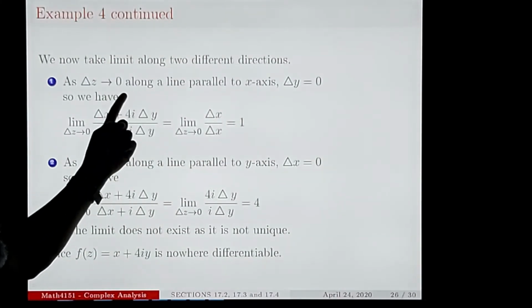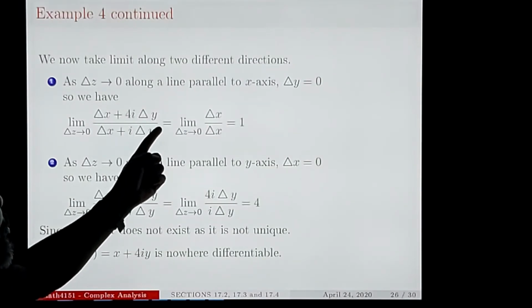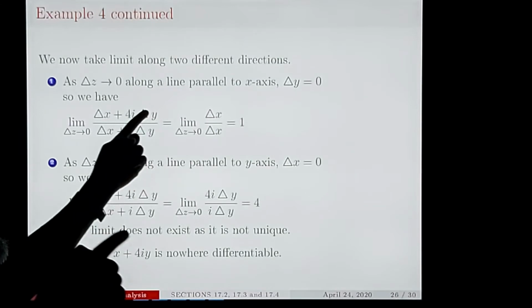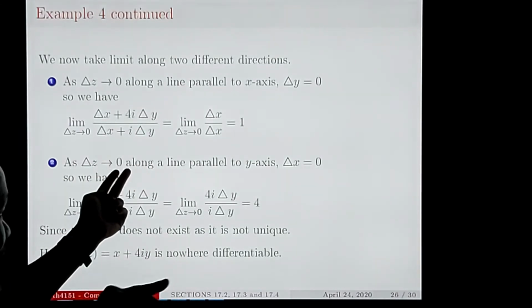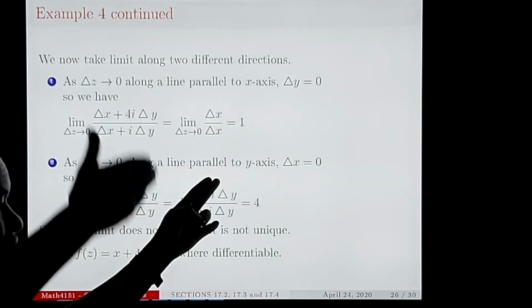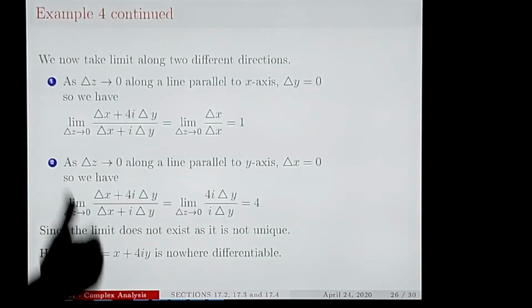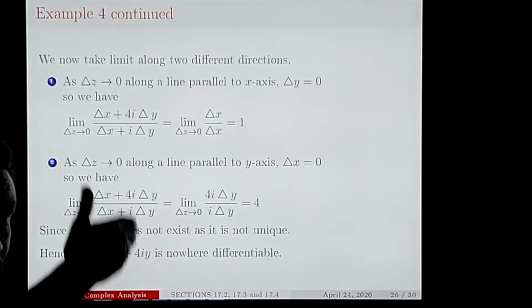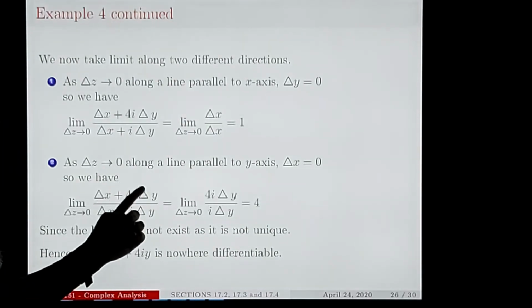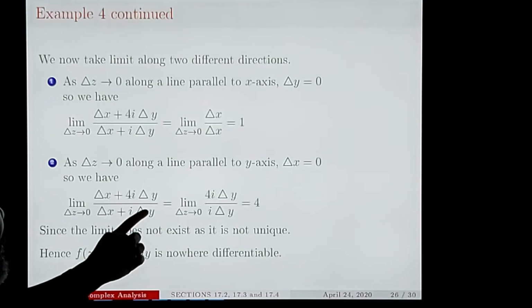So this reduces to 0, and this reduces to 0, so you just have del x over del x, which would give you 1. Now, if we approach along a line parallel to the y-axis, the imaginary axis, the vertical one, it means that x will not be changing, so del x would be 0. This becomes 0, this becomes 0, so you just have 4.